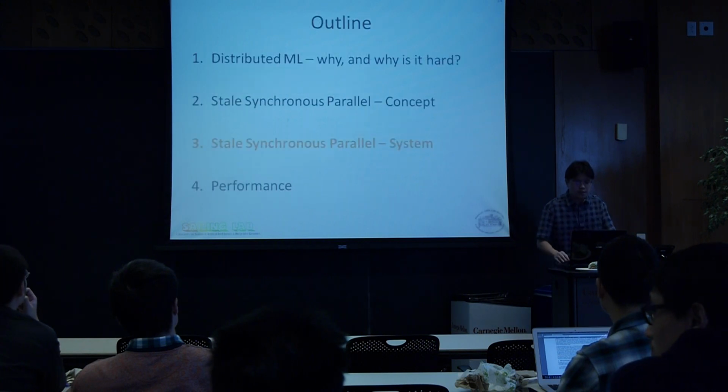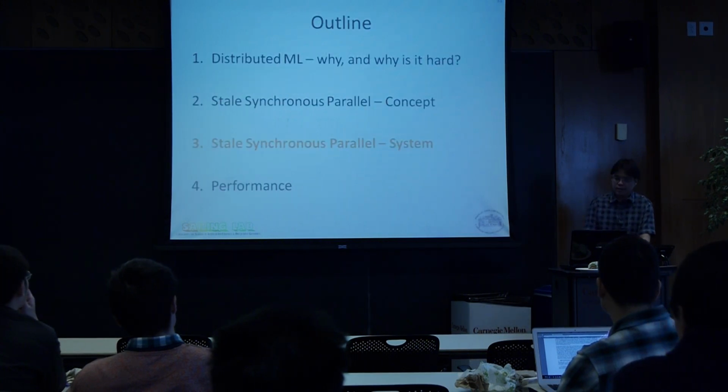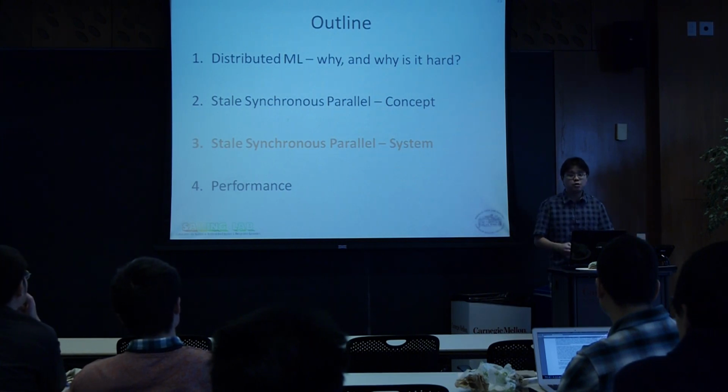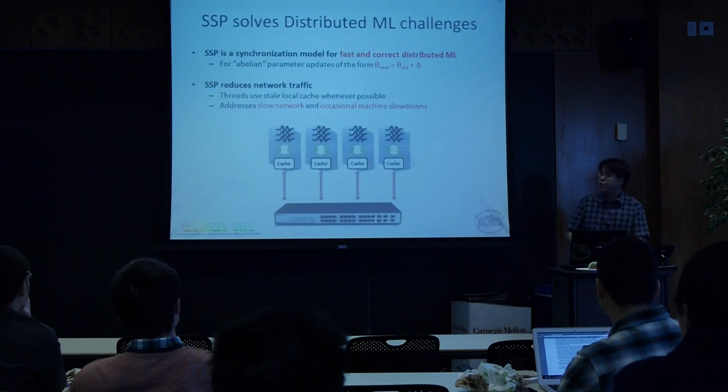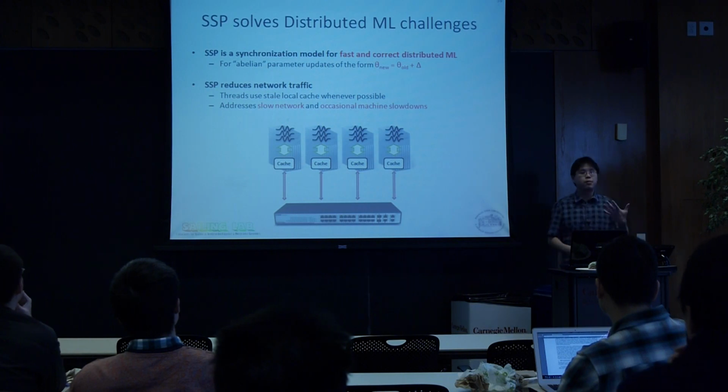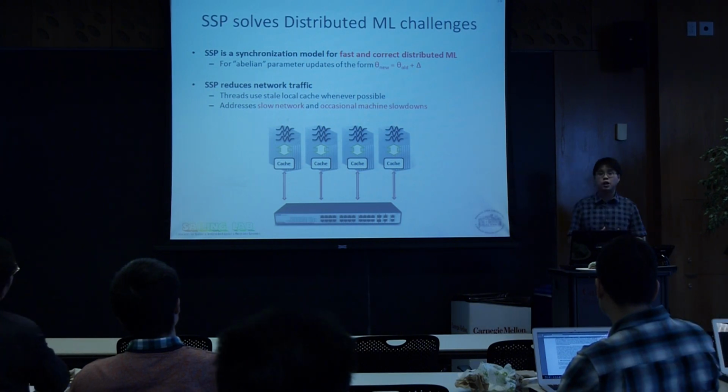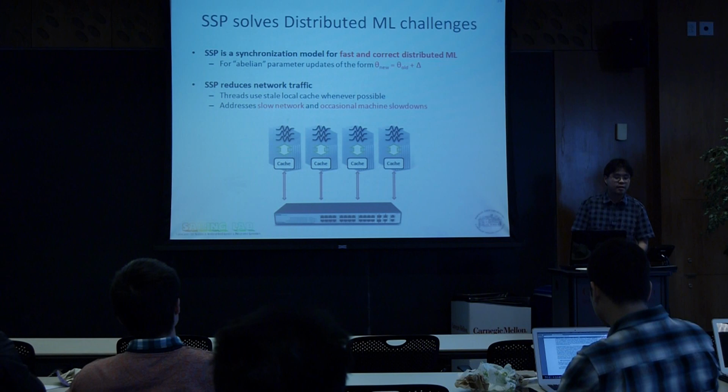So that was stale synchronous parallel as a concept. I'm now going to talk about the actual systems design, how the code and the program is actually built. The point of having this stale synchronous parallel communications model is to solve some of the challenges we face in distributed machine learning.